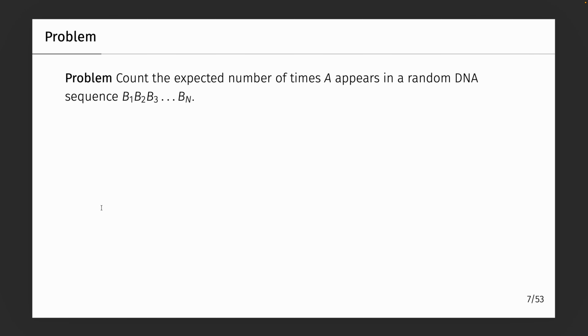How many A's would you expect in this sequence, intuitively? We'll try to define what this word is, but broadly, what this word means is, on an average, given an n length sequence, how many A's do you expect to see?